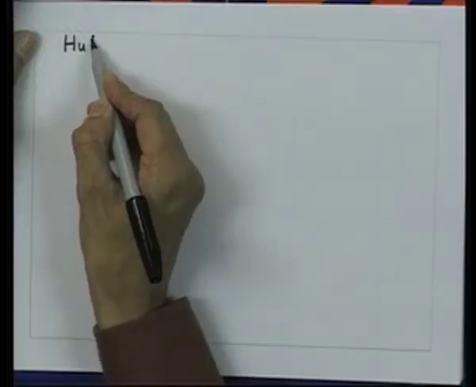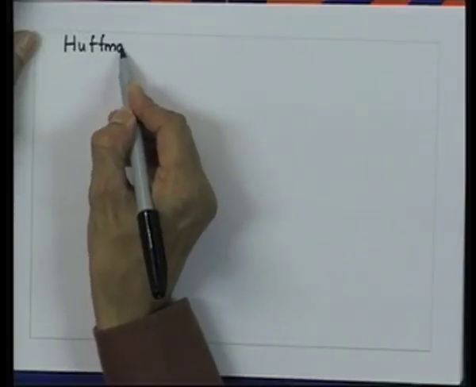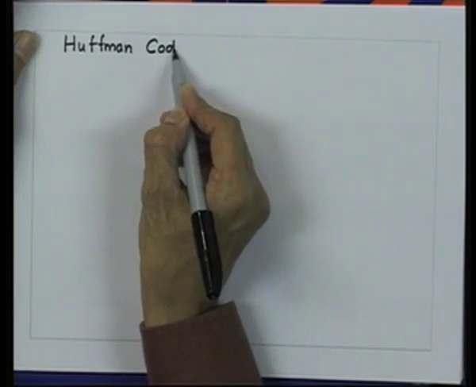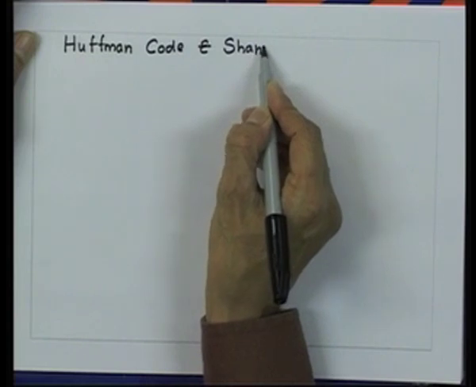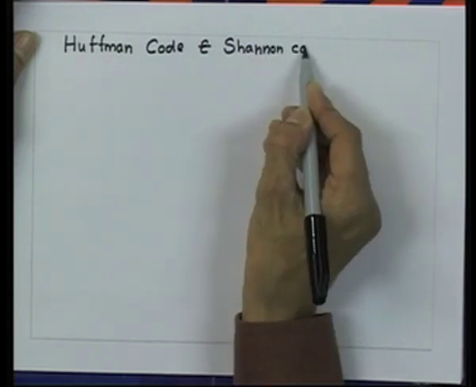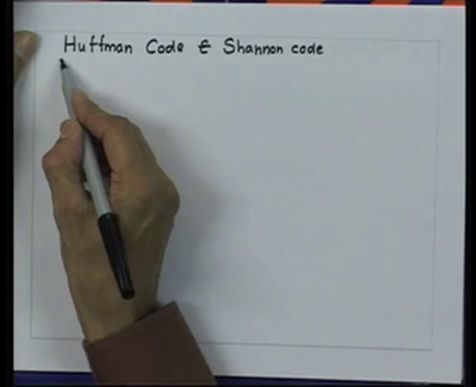Now, let us discuss a bit more about the code word lengths for Huffman codes and Shannon code for some specific source alphabet. Huffman codes and Shannon code, we look at these 2 codes and look at the word lengths.